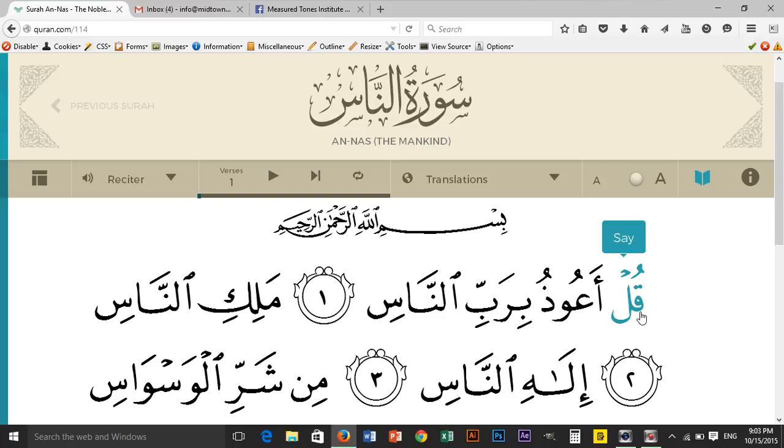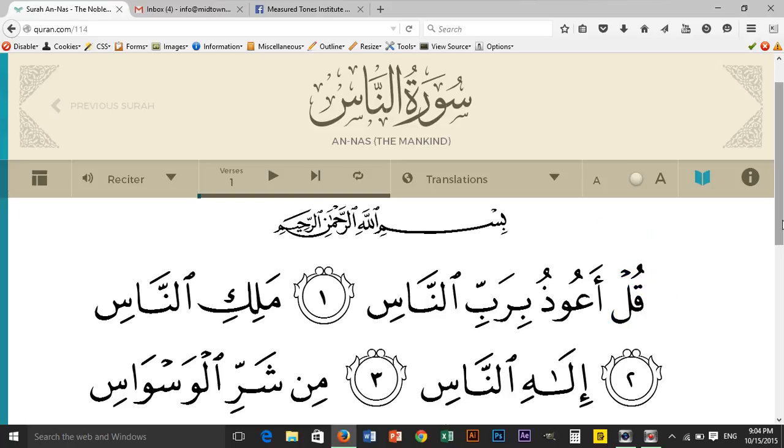I say eat. Eat. I seek refuge. What? It doesn't even make sense. Qul, say. Two completely different meanings. Just by me changing the makhraj or the point of articulation, I've completely changed the whole meaning of the entire word. So that's what it means to give each letter its right and its proper due.